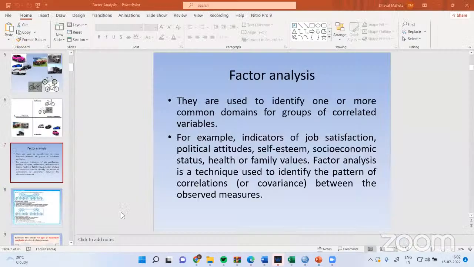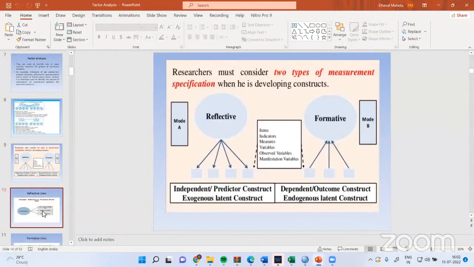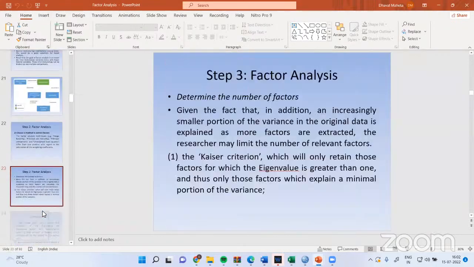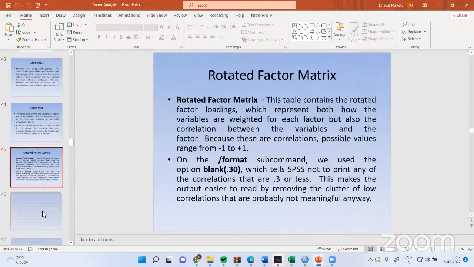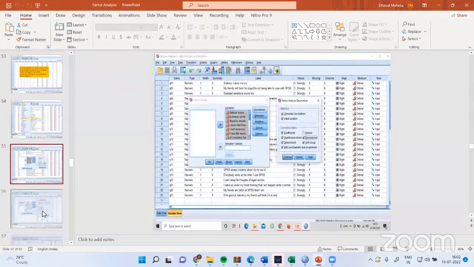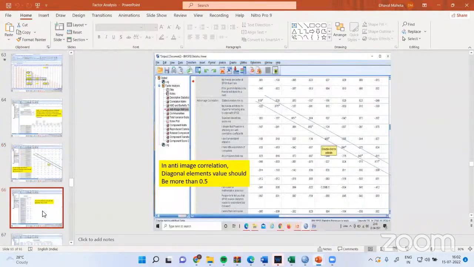Now, first thing which you should evaluate is KMO and Bartlett test. You should always remember this thumb rule of KMO and Bartlett.